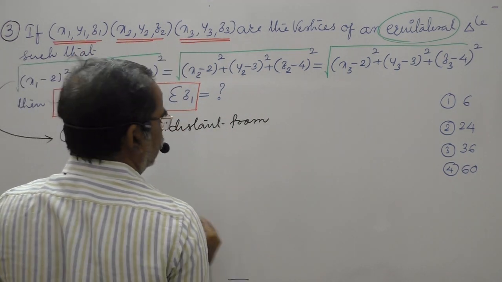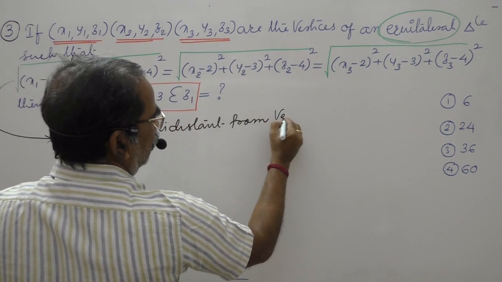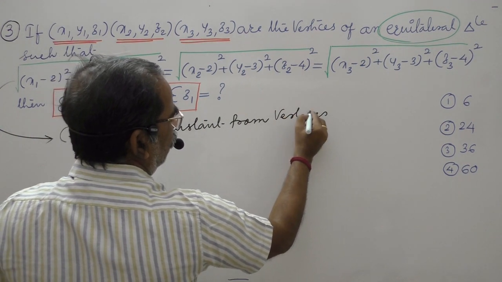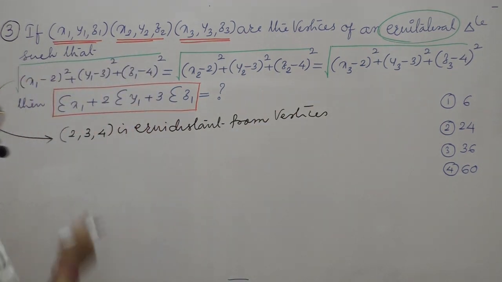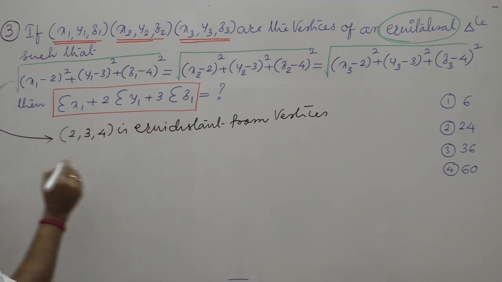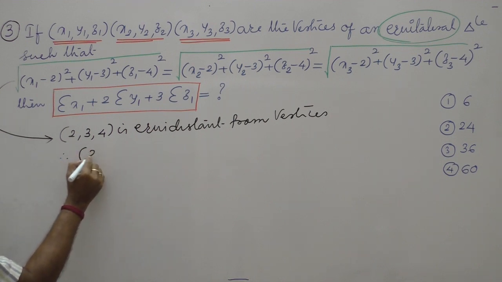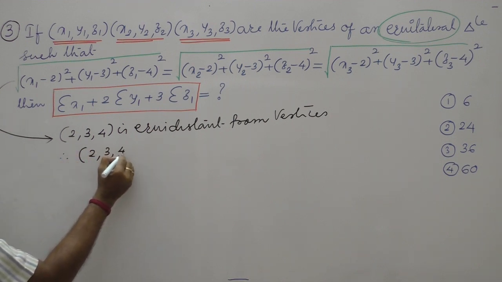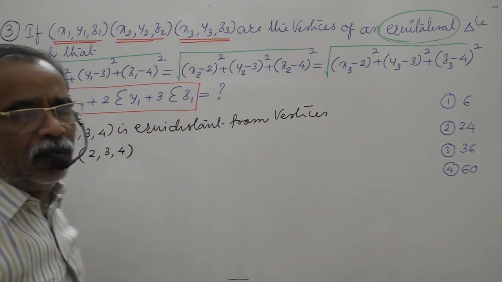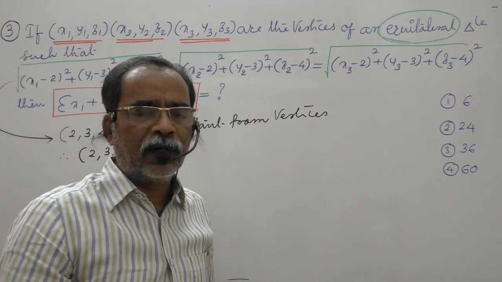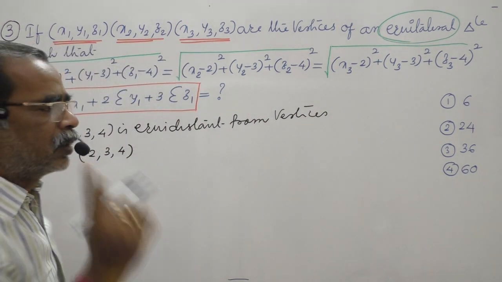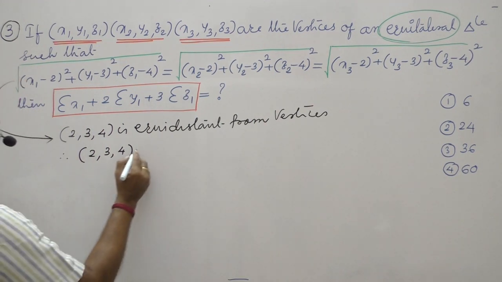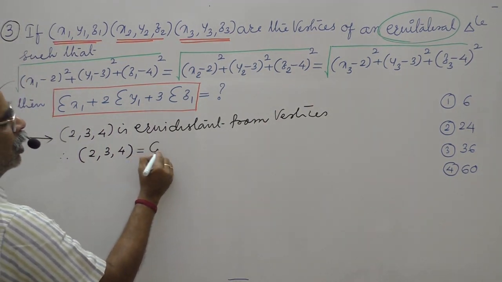That means it is equidistant from the vertices of the triangle. So what is the point equidistant from vertices? We know that point is centroid. Therefore the point (2, 3, 4), not centroid, circumcenter. The point equidistant from 3 vertices is circumcenter. So (2, 3, 4) is circumcenter.